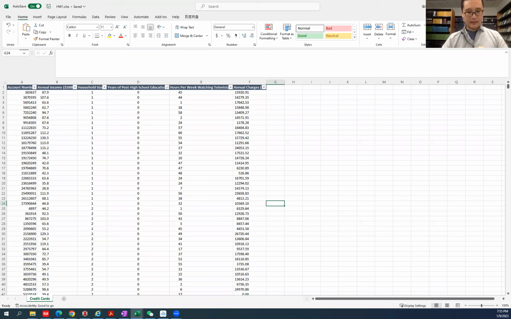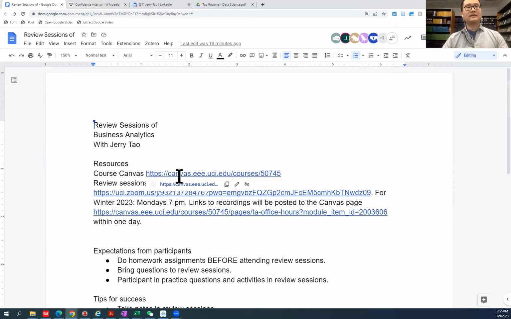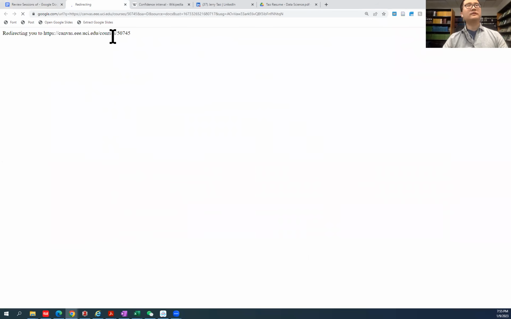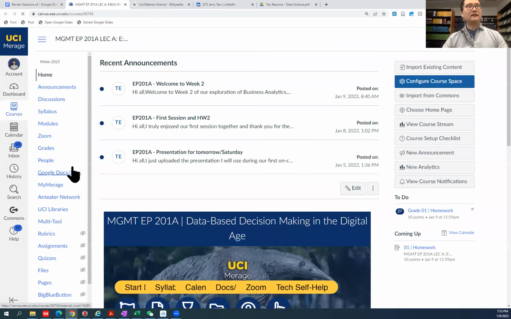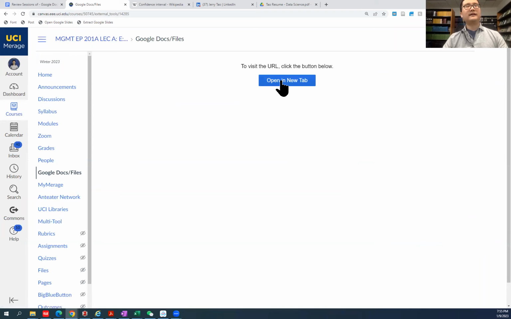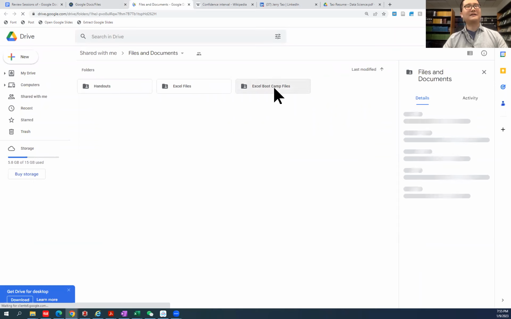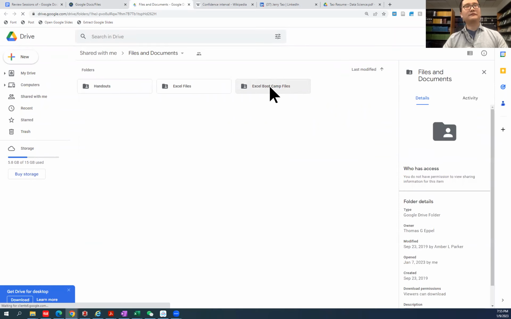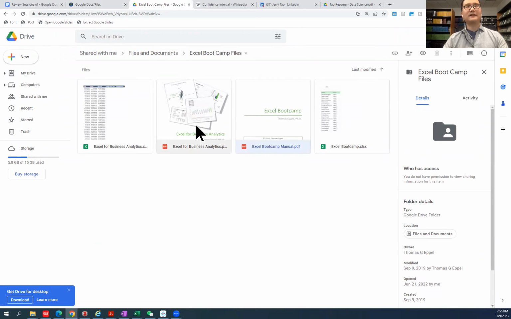If you have not learned about pivot tables, I encourage you to go to our course website. There's a link to the Google Sheet and book prepared by our professor in this tab. And here we will find, I think, two reference menus about Excel operations. Yes, these two.